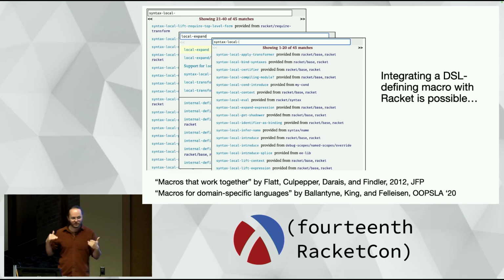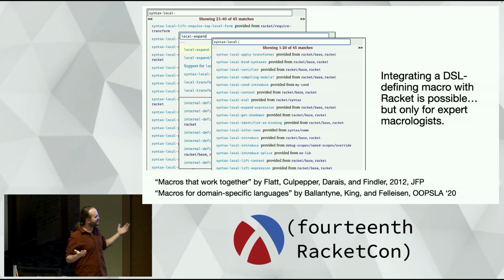And this is something that I also worked on to make it easier for people to write their own custom macro expanders using sort of a layer on top of this API, right? But ultimately, my conclusion is that you need a PhD from Northeastern or from Utah to really, really effectively use this system. And so if we want to build something that everybody in this room can use, hopefully, to build sophisticated DSLs, then we sort of need another approach to solving this part of the problem.